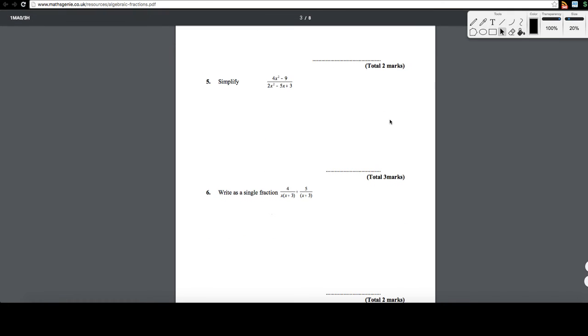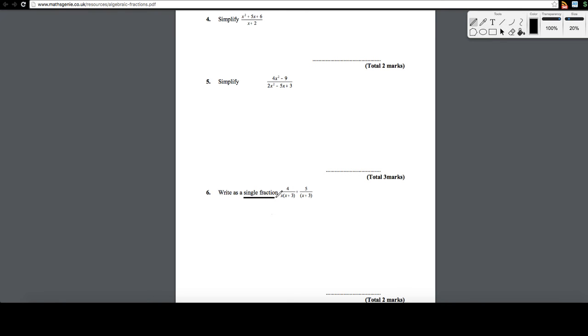But this is the question that I wanted to go over because it's quite a difficult one. It says write as a single fraction, and this is sort of where we will diverge over this. So this is a simpler version of a question that can get quite difficult, but I will go through it with you. So what we do is, we write 4 over x plus 3 in brackets with an x there.